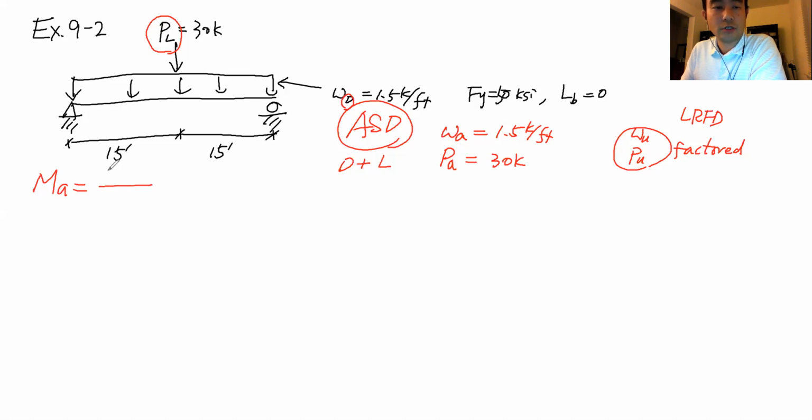So w is 1.5 in kip and feet units, right? And L is the entire length, which is 30, squared, over 8. This is the maximum moment right in the middle, the location of the maximum moment. And due to the concentrated force, the maximum moment in the middle is going to be PL over 4.